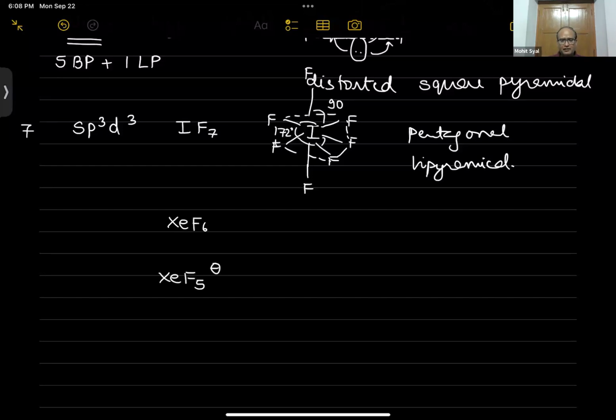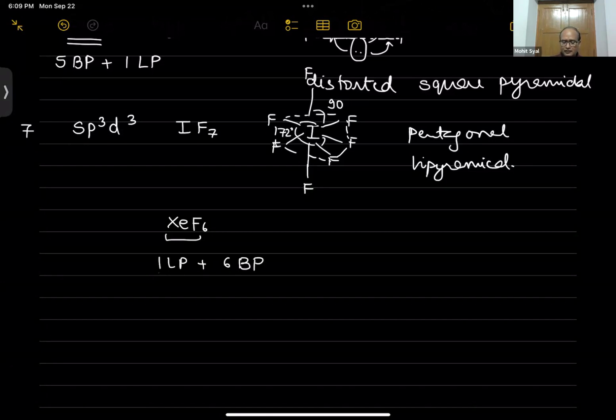And whenever there is a plus, put that many electrons less, as per the number of positive charges. XeF6, xenon, this is neutral. There is no charge. How many electrons are there on the xenon? 8 electrons. 6 are used in bonds, so two electrons will be left alone. So there is going to be one lone pair and 6 bond pairs.